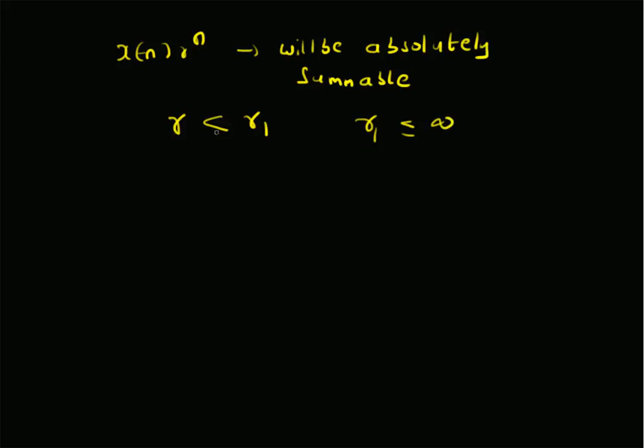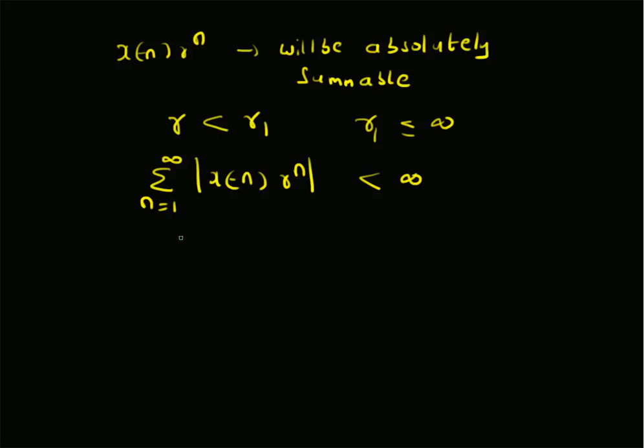So inside the circle of radius r1, this sum, that is the summation n equal to 1 to infinity absolute value of x of minus n r power n, will be less than infinity, or it will be finite, as long as this value becomes smaller and smaller with increasing n, or basically as long as the radius r is inside a circle of radius r1.